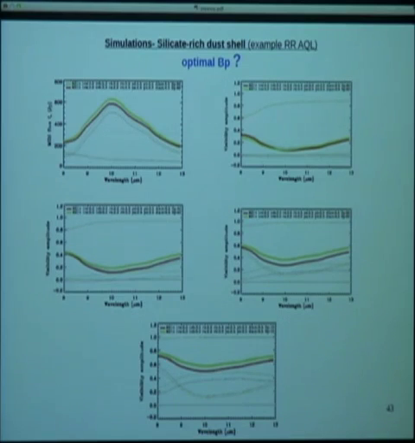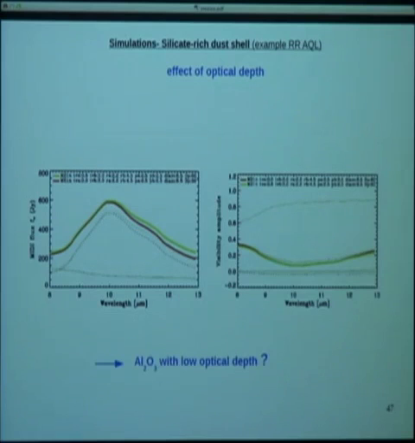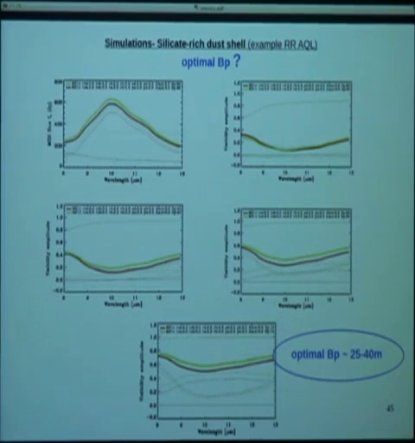The top plot has a projected baseline of 60 meters, then 40 meters, then 25 and 15. For this star, with a silicate-rich dust shell, for the 60 meters, the resolution is not really showing us the difference between those two models, where one describes the creation of dust and the other says that the dust is not created.